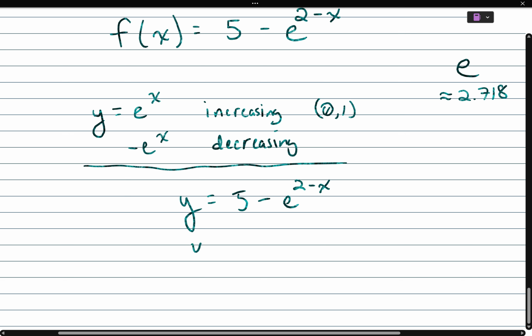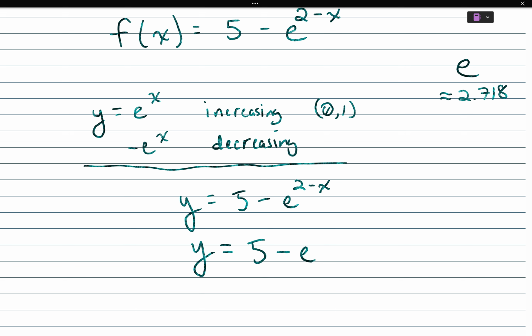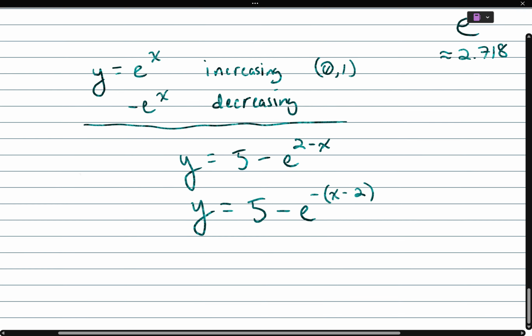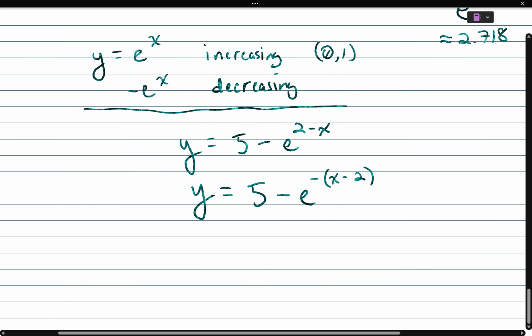And now I'll rewrite it as y is equal to 5 minus e, but just to help me out a little bit, I'm going to make this negative x minus 2, right? Because a negative times that x makes that negative x above, and negative times negative 2 gets us the positive 2 that we see in the original. But this is going to help me out a little bit more, so it'll make it a little bit easier for me.